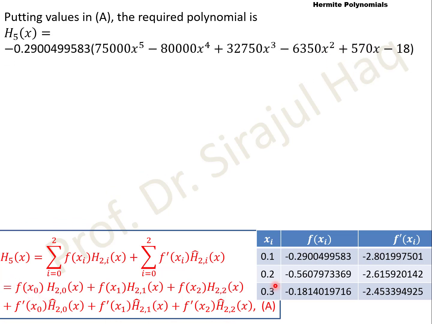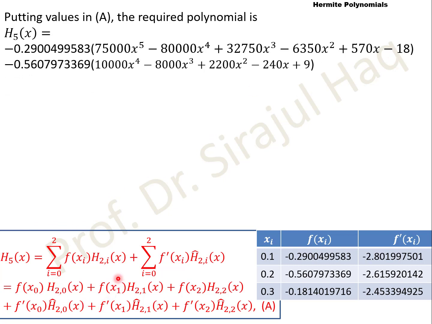f of x naught is given by minus 0.29004999583, which is written over there. h2 naught is given by this polynomial. Second term, f of x1, which is coming from here. You can see that this is the number.